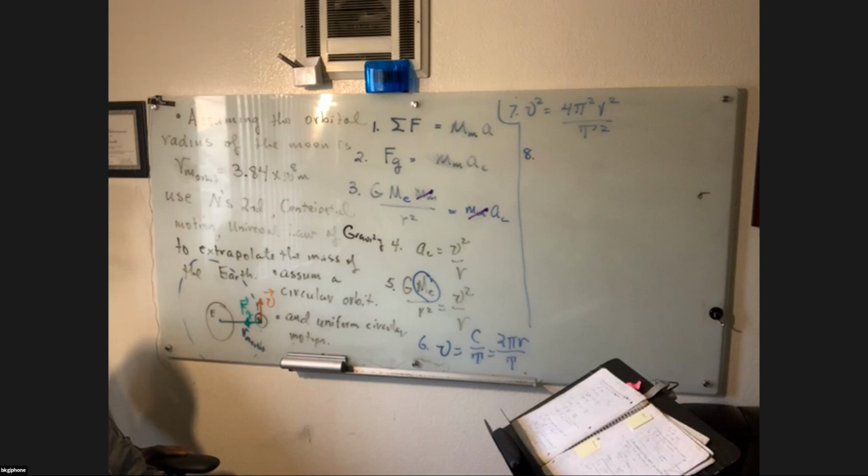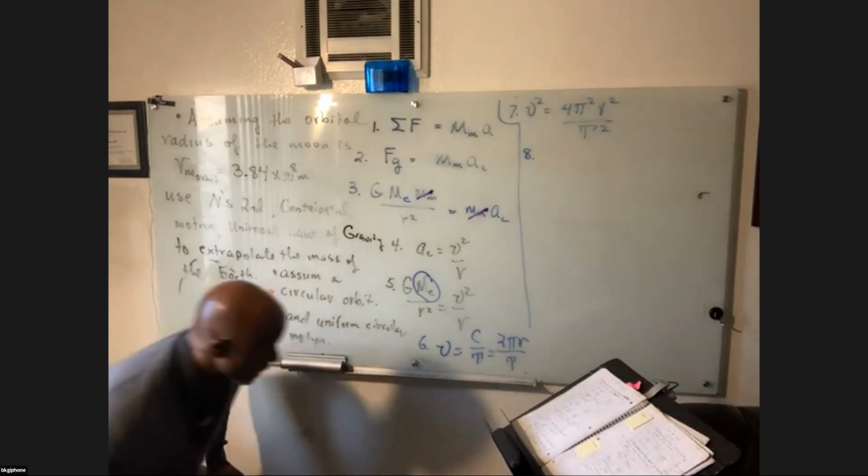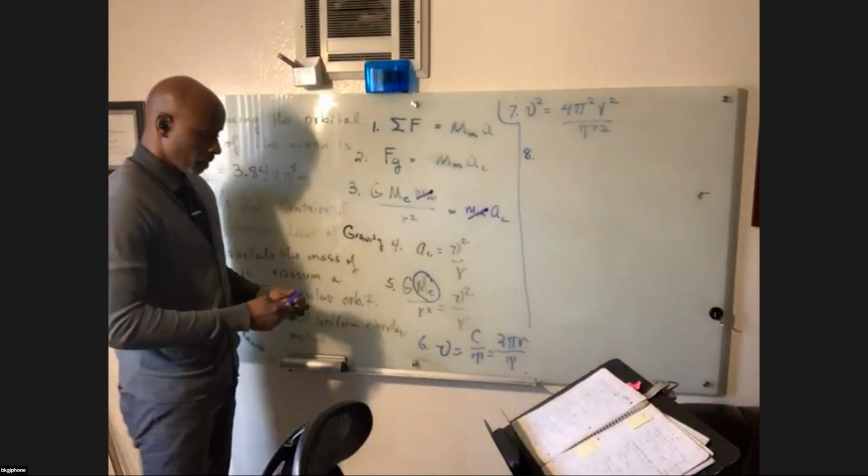Did you get one? What I got is M equals 4 pi squared over T squared, multiplied by R cubed. And also, what about the universal constant? That's still there, right? Yeah, the G. So it's 4 pi squared over G times T squared, and that whole thing multiplied by R cubed. That's what I got too. Go ahead and plug in the numbers and tell me what the value of M is.